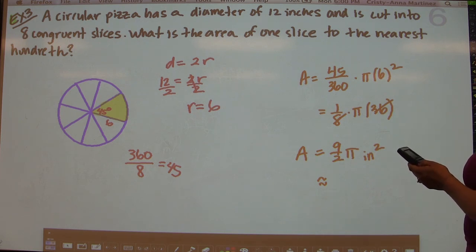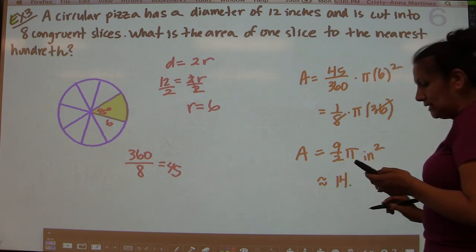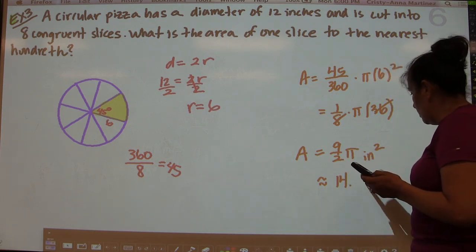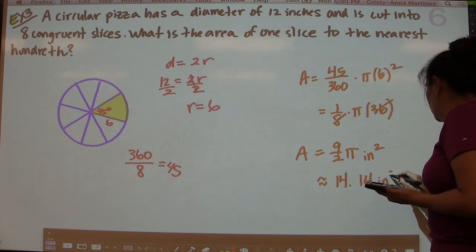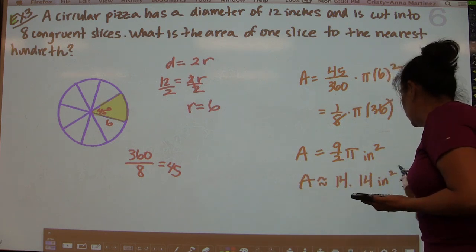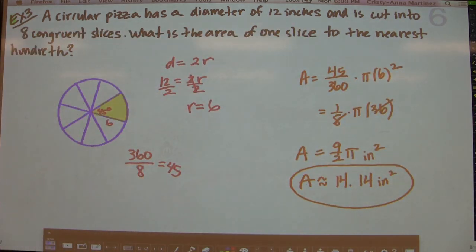And because it wants the nearest hundredth, we're going to get 14.14 because it's 137. So we want 14.14 square inches for this slice of yummy, delicious pizza. All right, so that is how you use the formula for the area of a sector.